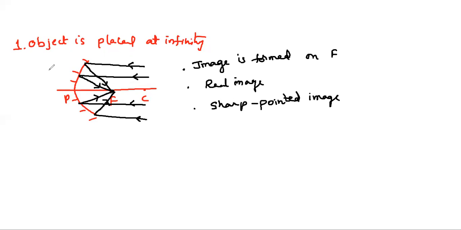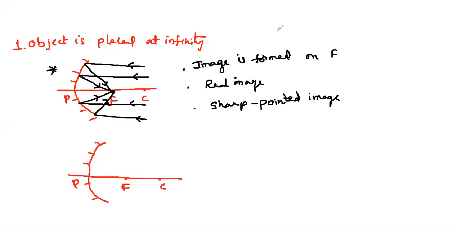Now in the second condition, I will consider that all the rays are not parallel to the principal axis. I will consider all the rays are making some angle with the principal axis. However, all the incident rays are parallel to each other. Pole, focus and the center of curvature.